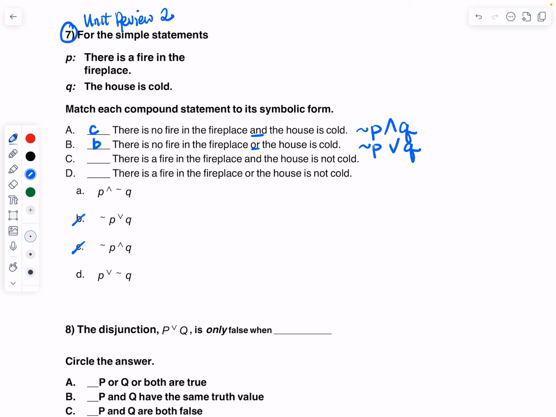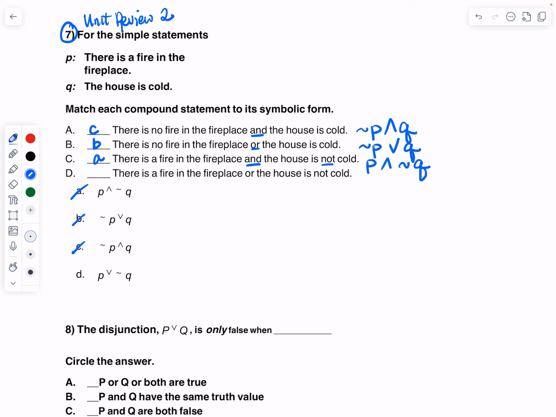Let's look at uppercase C. There is a fire in a fireplace, which is P, and the house is not cold. So, and the house is not cold would be negation Q. So P and negation Q would look like letter choice A. And finally, D, there is a fire in a fireplace, or the house is not cold.